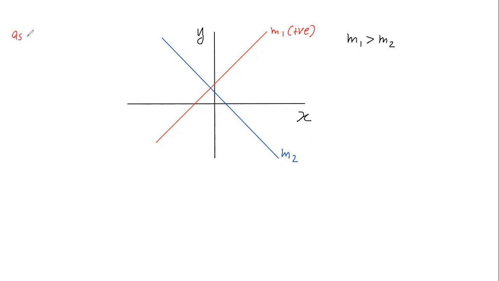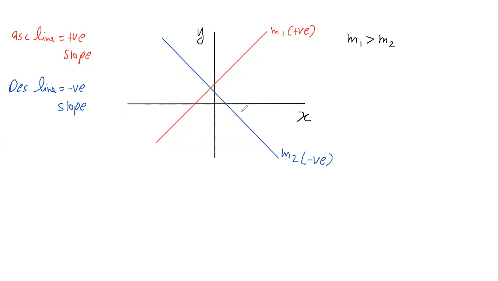An ascending line will always have a positive slope. Similarly, a descending line, which is M2, will always be negative. If I compare the values, positive will always be more than negative, and hence the value of M1 will always be greater than M2. So an ascending line always has a positive slope, a descending line always has a negative slope.